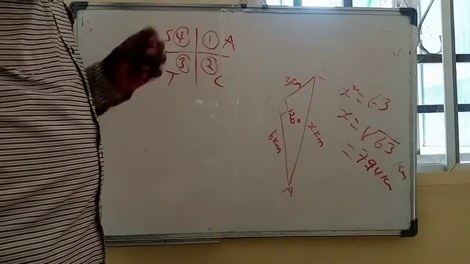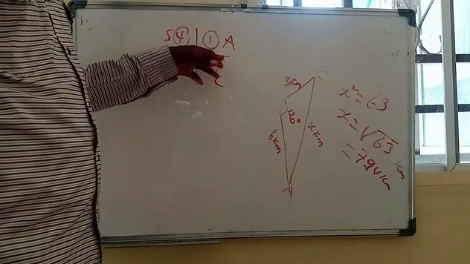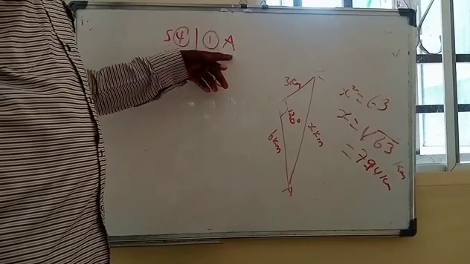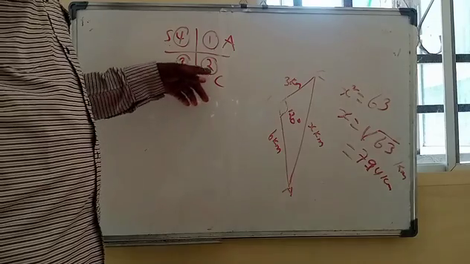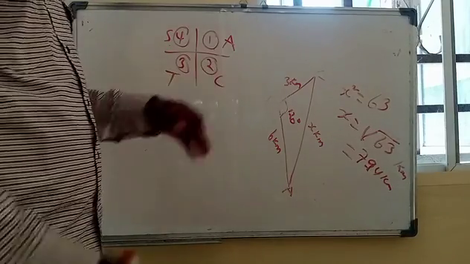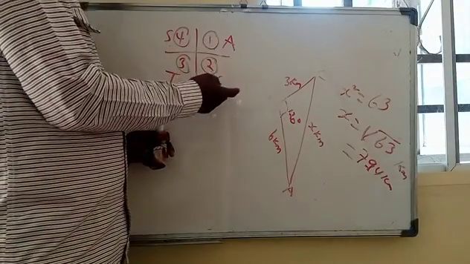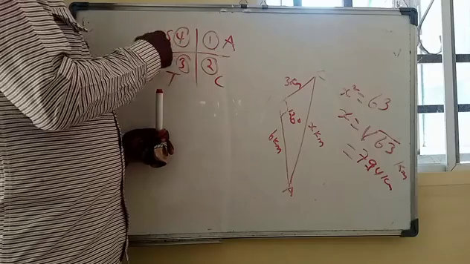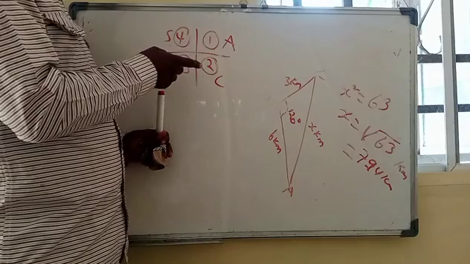Then in the second quadrant, the angles you have in the second quadrant are angles between 90 and 180. So only sines are positive.